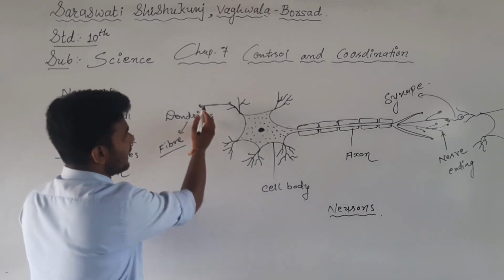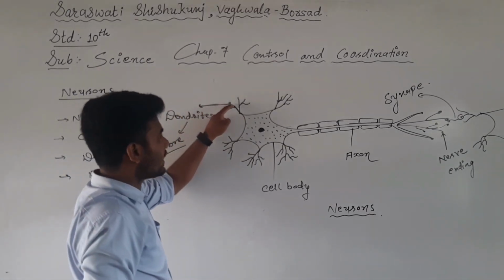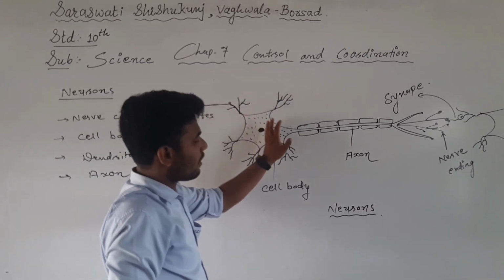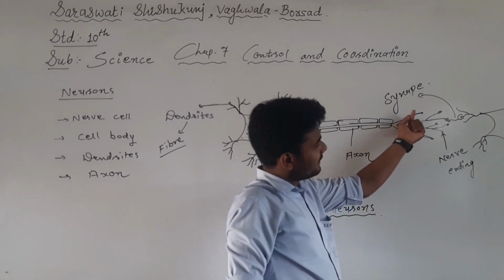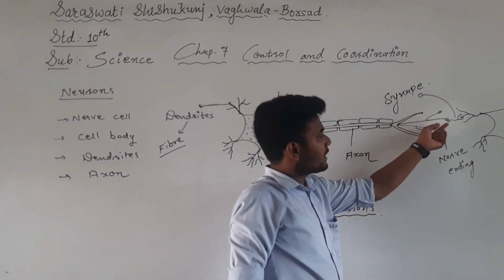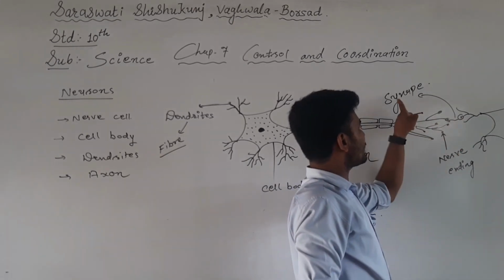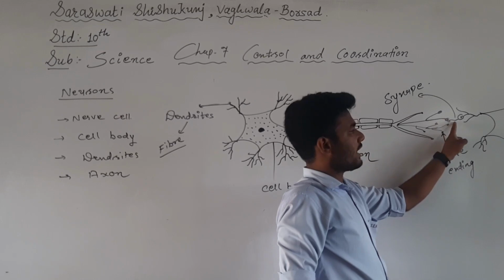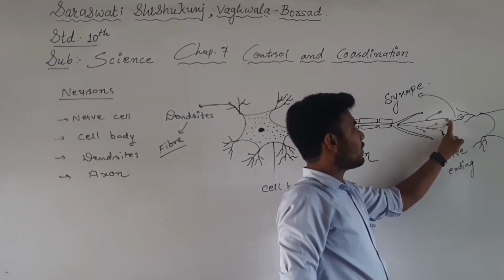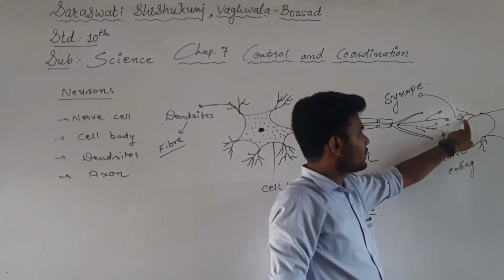So again, from the receptors it is converted into an electrical impulse, which passes from the cell body into the axon. Between the nerve ending and the dendrites of the next cell there is a gap known as synapse. Here the electrical impulse is converted into chemical form, a neurotransmitter, and it enters the dendrites of another neuron.